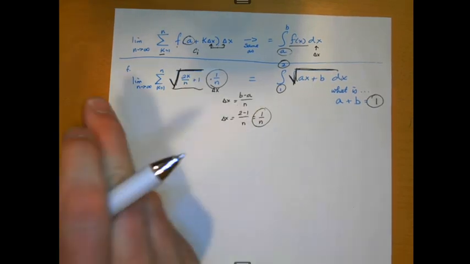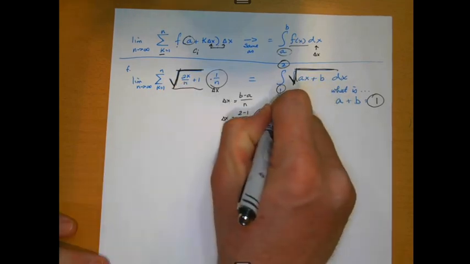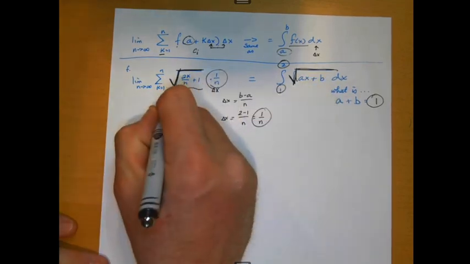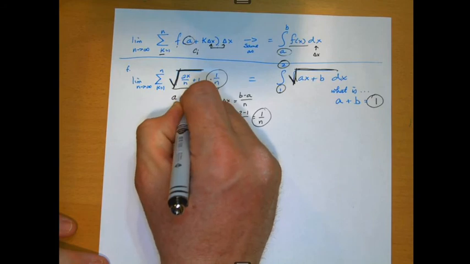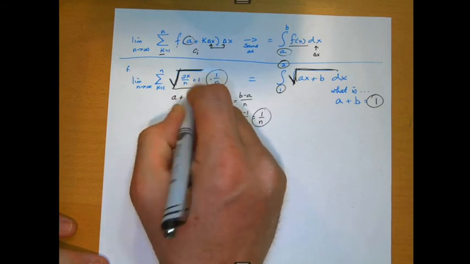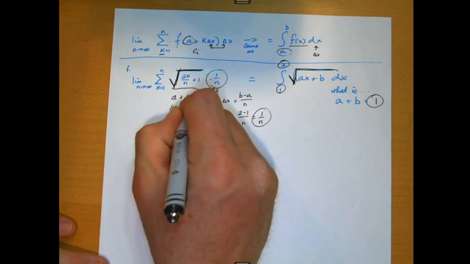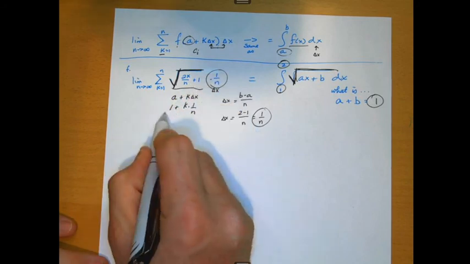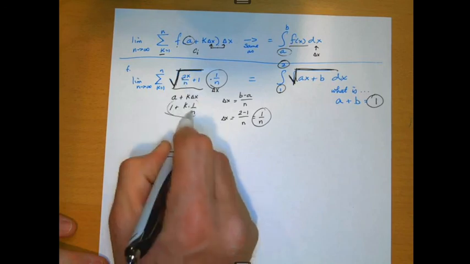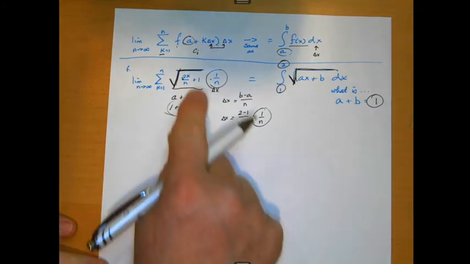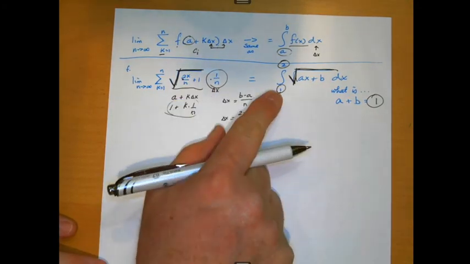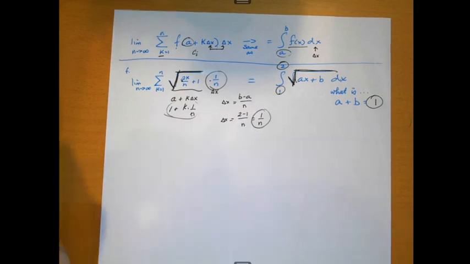However, when we're looking at this, we would think that b was that 1, which it could be, but this isn't in a plus k delta x. This would be 1 plus k times 1 over n. That's not 1 over n, that's 2 times k. So I have to decide what I need to do with this. This could be my 1 that I get from my a. So what I'm going to do is factor the 2 out of that equation.